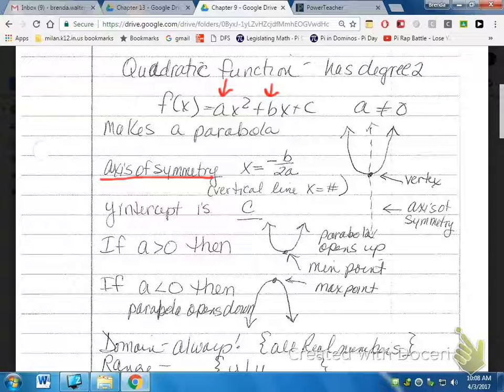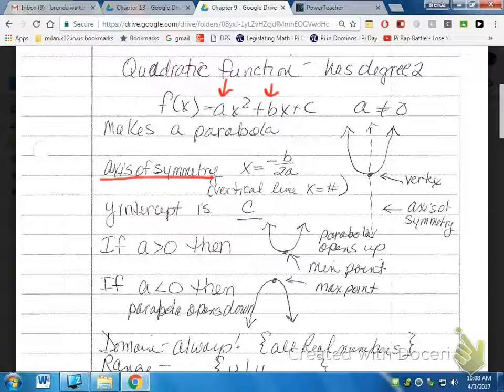So again, it's going to be a vertical line. That's why it's x equals some number. The opposite of b over 2 times a. You're going to plug in those numbers. It's going to be really important when you get that function to go ahead and just write down what's my a, b, c, because you're going to start using it right off the bat. That's where you would put in your dashed line.